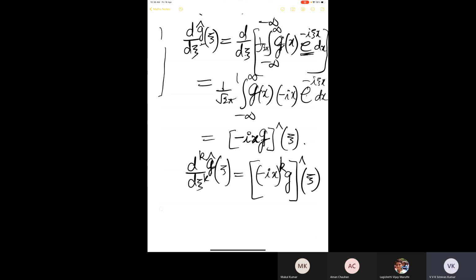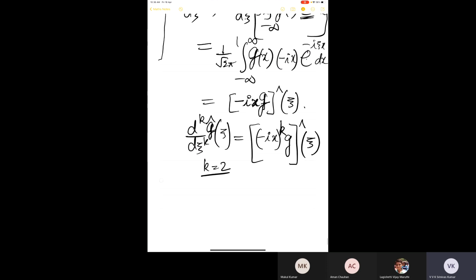Why we are doing this is we need to find the Laplacian. So we need at least k equal to 2. We need the derivative of the Fourier transform.